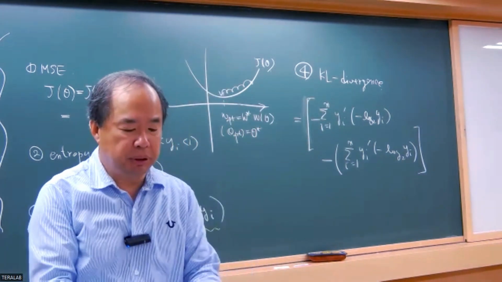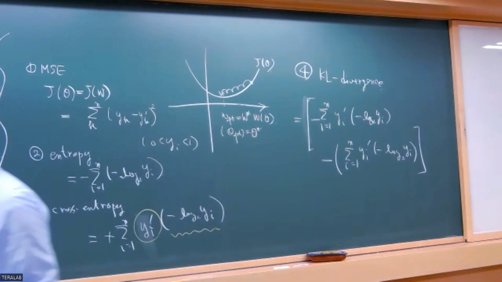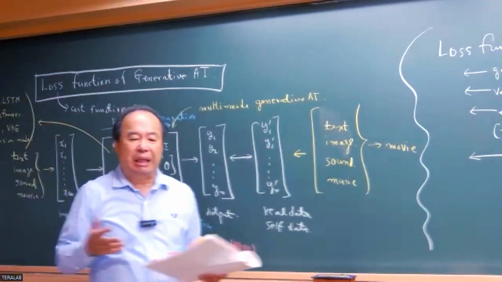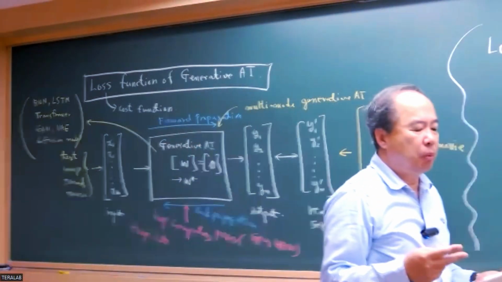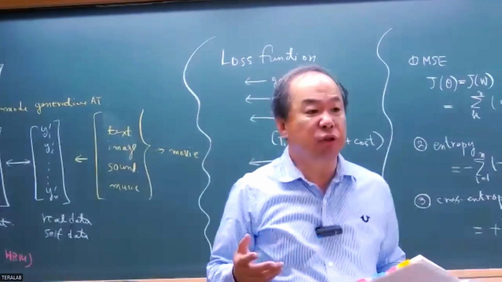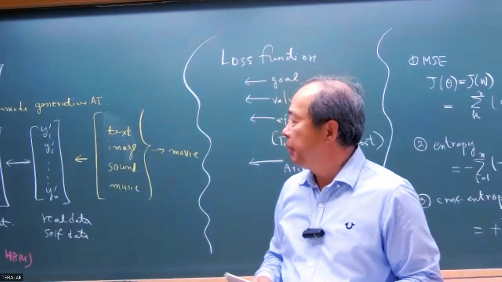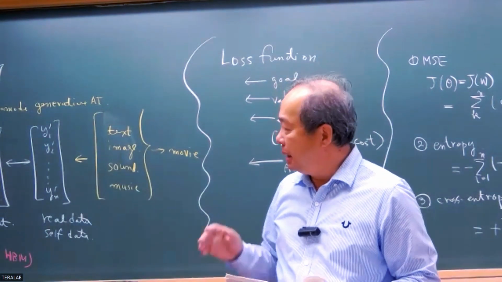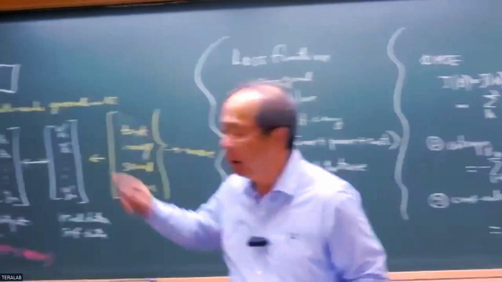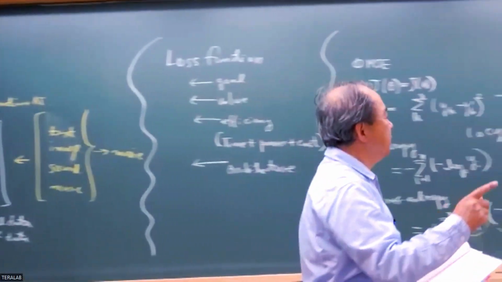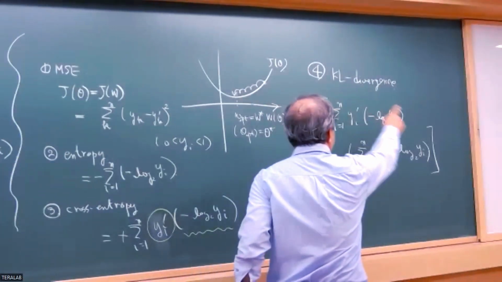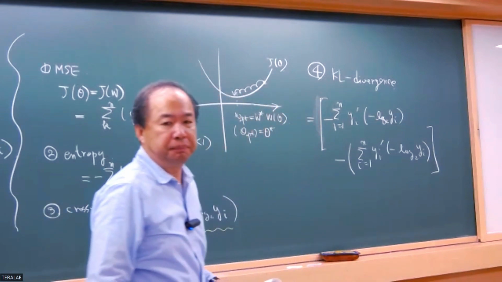In particular, please remember that the diffusion models, such as DALL-E 2 from OpenAI and Stable Diffusion, are very popular generative AI these days, and so are transformer models. Most of them are using the KL divergence loss function.